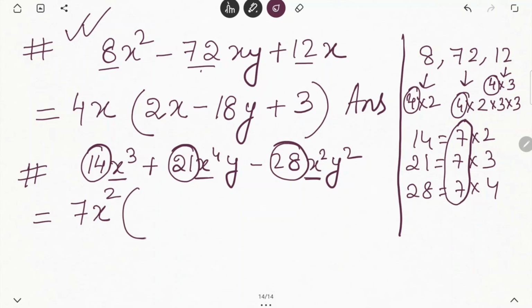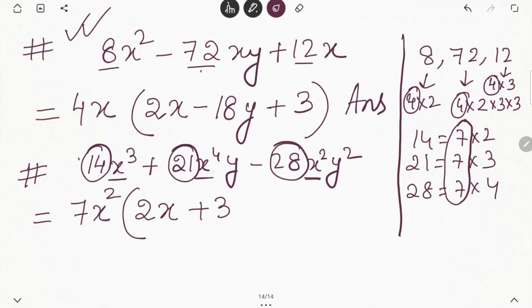So now how will I write the remaining terms or the leftover terms? So here what I do, 14 divided by 7 gives us 2. X cube divided by x square gives us a single x. I move to the second term. 21 divided by 7 gives us 3.